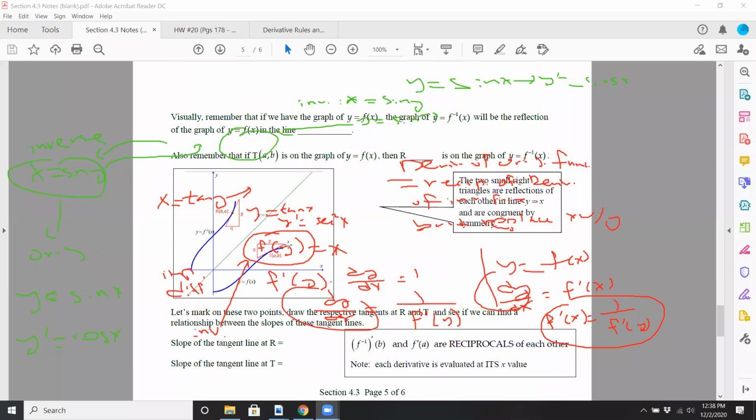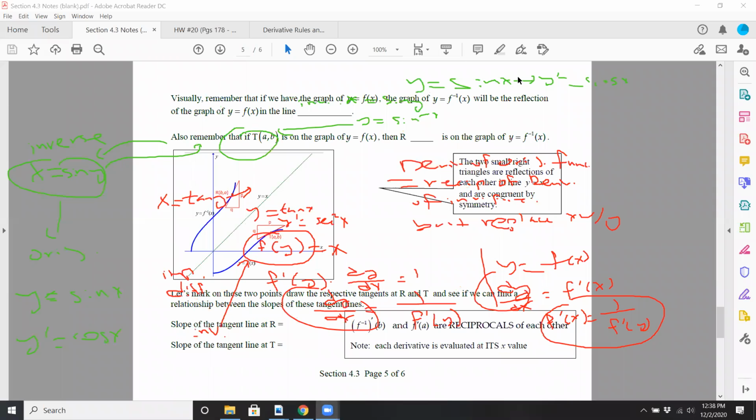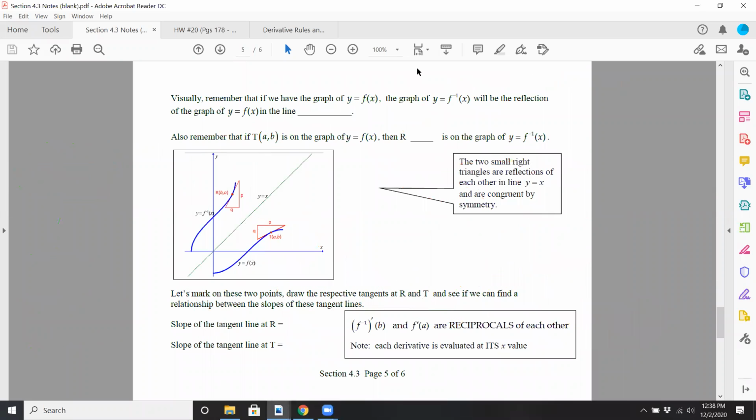Some other things that we need to mention here too. Remember that when we have the graph of y equals f of x, the graph of the inverse will be a reflection about the line y equals x. So you might remember this back in the day, like when you had, say, y equals x squared. You switch x and y. So y is plus or minus root x.